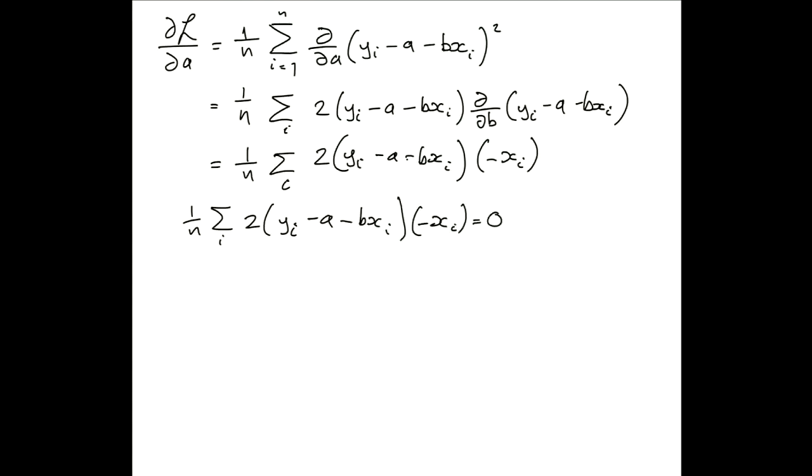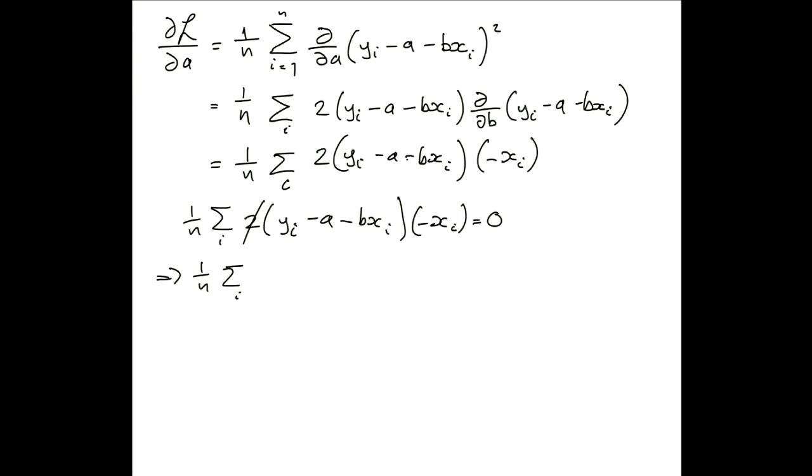Okay, anything you can see here that we can do? Well, yeah, the 2. The constant can go, so we can get rid of the 2, and we get 1 over n sum over i.